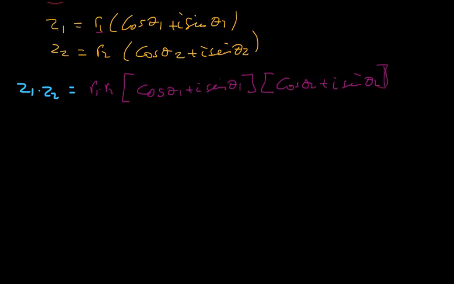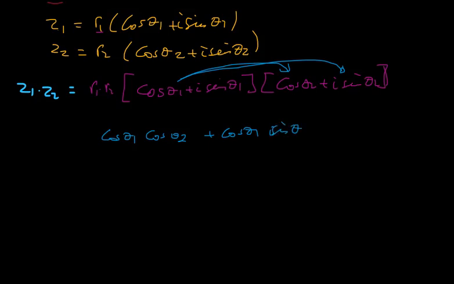Distribute cosine of theta 1 to cosine of theta 2 and i sine theta 2. That brings us cosine theta 1 times cosine theta 2, plus cosine theta 1 times i sine theta 2.